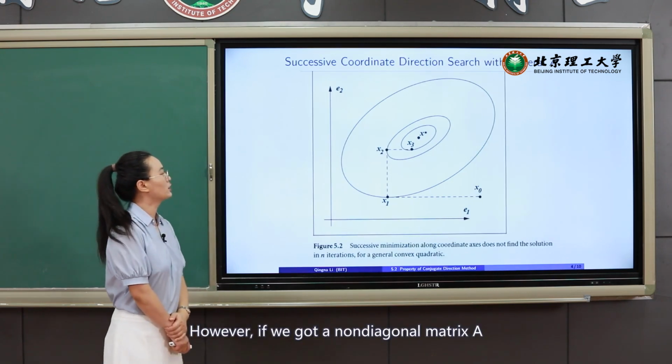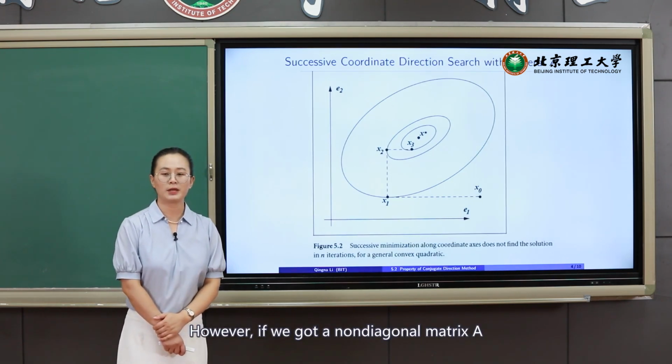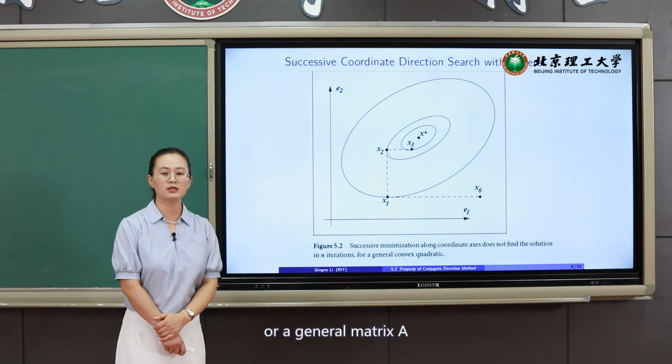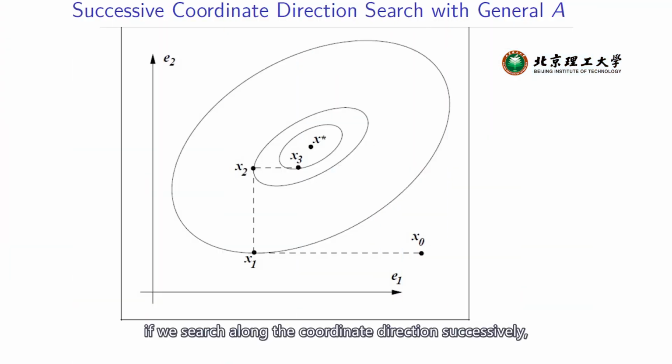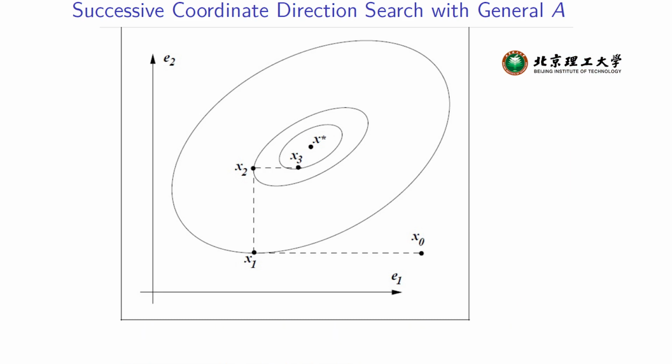However, if we have a non-diagonal, general matrix A, which is also positive definite, and we search along the coordinate directions successively, then we may not reach the minimizer within 2 steps or any finite number of steps, because in this case the ellipsoid is no longer a circle.